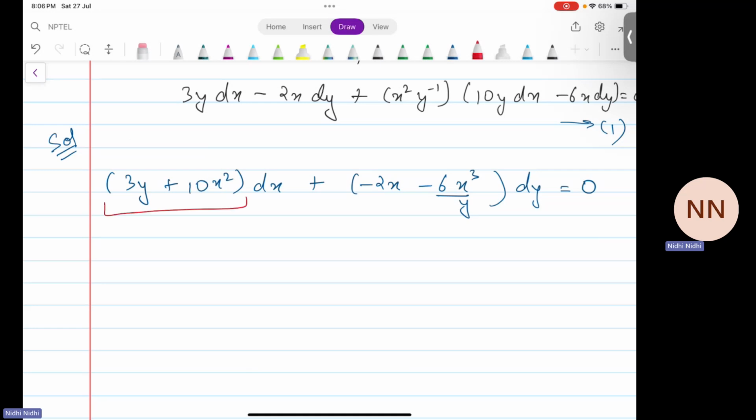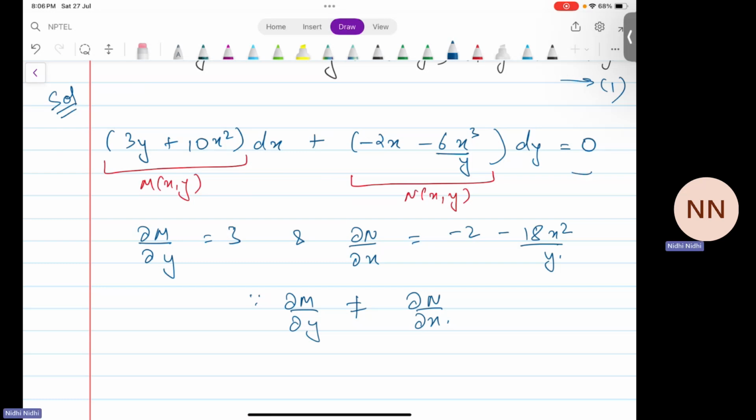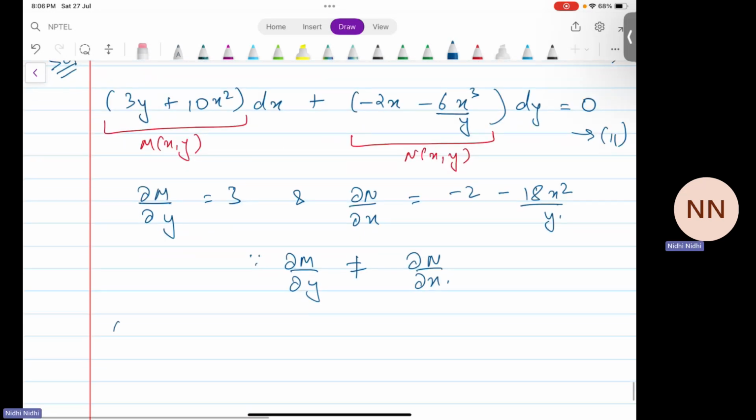If we write this as some function M(x,y) and this as some function N(x,y), we have del M by del y is equal to 3 and del N by del x is equal to minus 2 minus 18x squared by y. Since del M by del y is not equal to del N by del x, equation 2 is not exact.